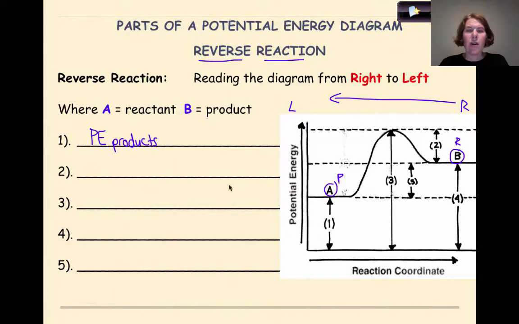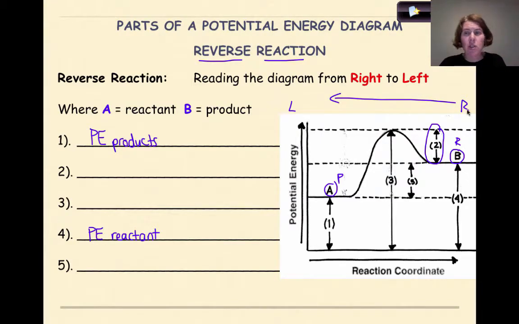Let's look at 2. Now 2 is very interesting here because this is activation energy. Ultimately, if we jump ahead for a minute and look at 4, we know that 4 is going to be the potential energy of our reactant, because we're going to call B here our reactant because we're going in reverse. So 2 is the activation energy of our reverse reaction.